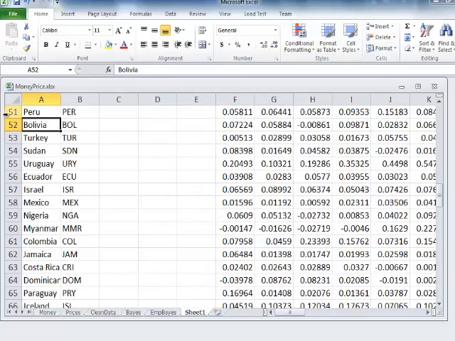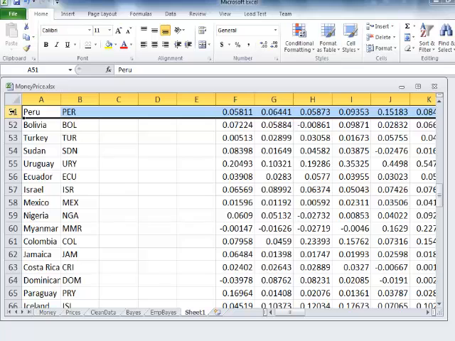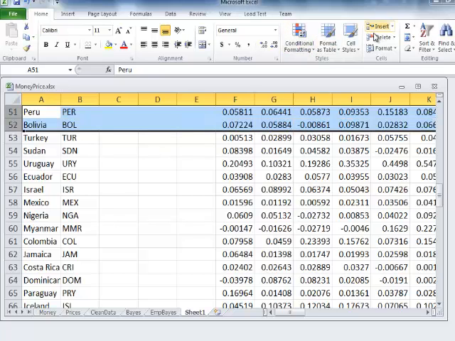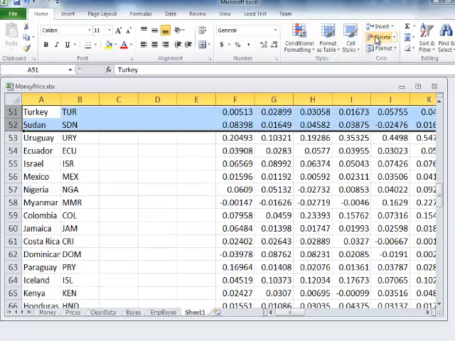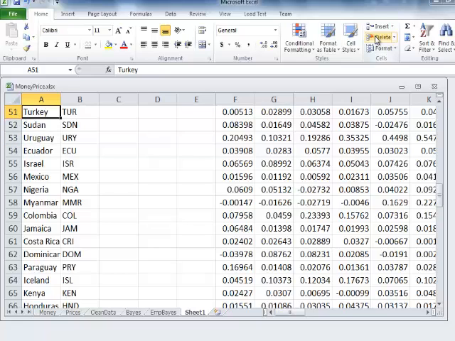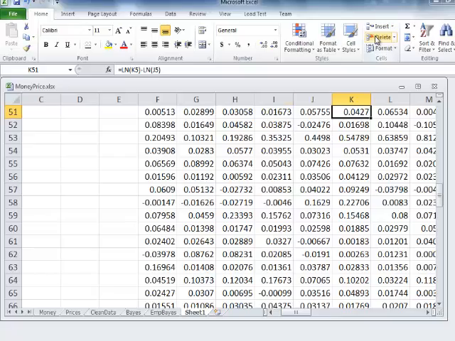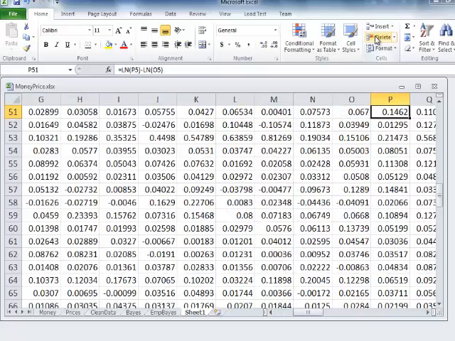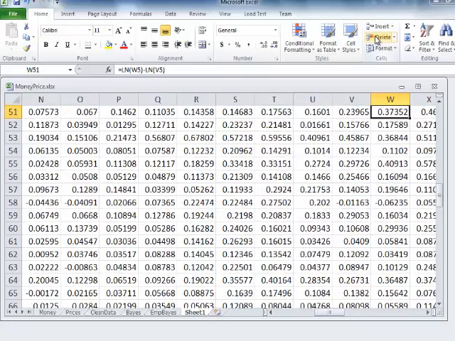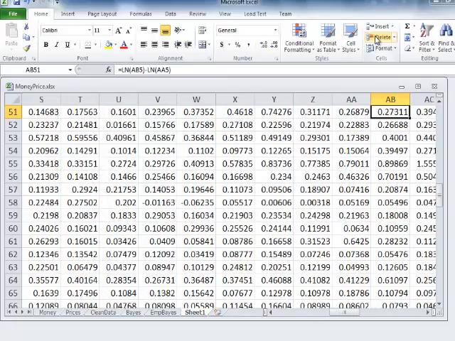Bolivia and Peru. I'm going to get rid of both of them for simplicity. There are ways to take care of these things and include them in the analysis, but right now we're just doing simple stuff.